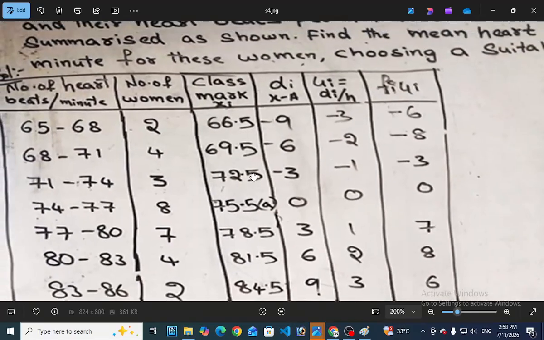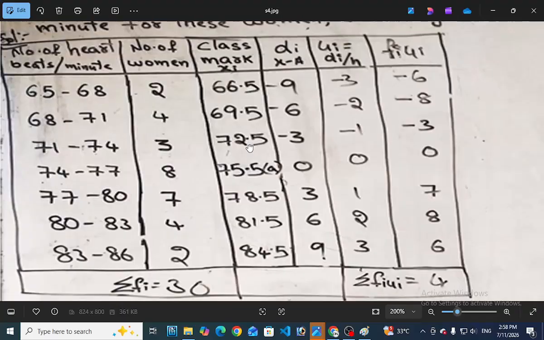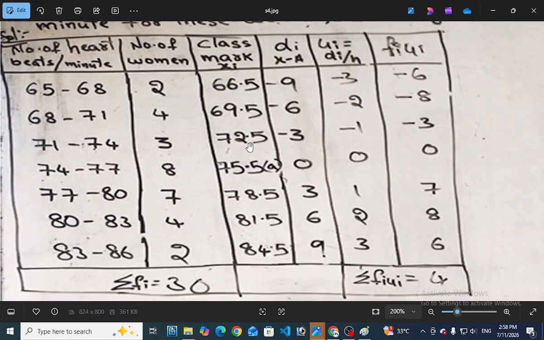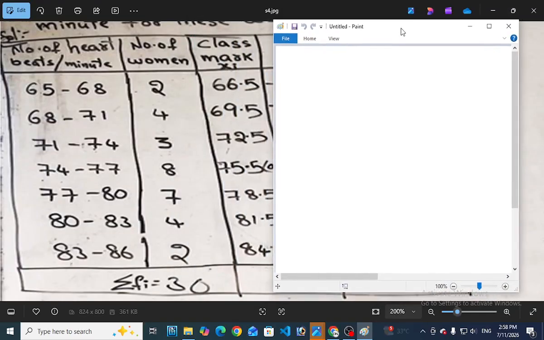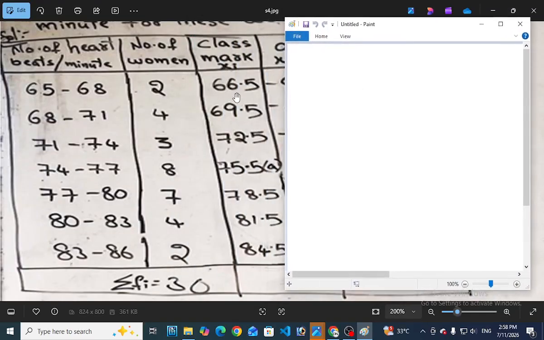Then the next column. In the next column, we are taking the class mark to find the mean of the heartbeat. To find the class mark, here we are using the standard method, that is the class midpoint formula.